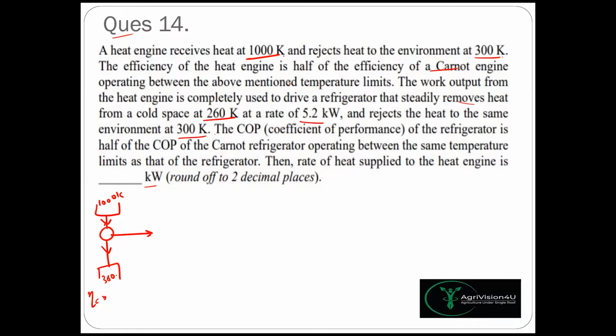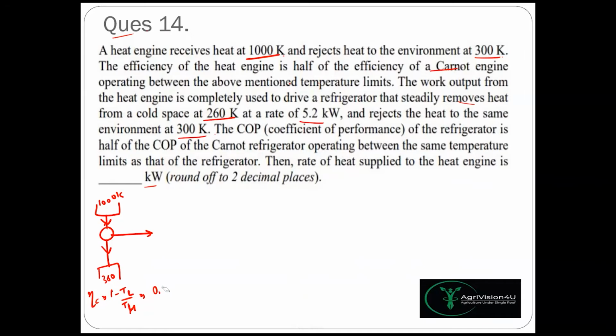So the Carnot cycle efficiency, if we are talking about it, will be equal to 1 minus TL by TH, right? So this TL is 300 and this TH is 1000.